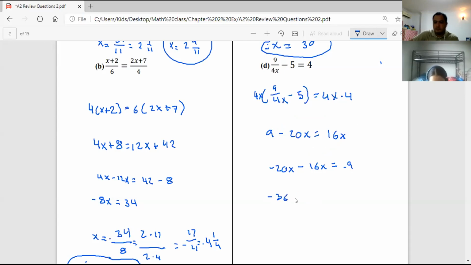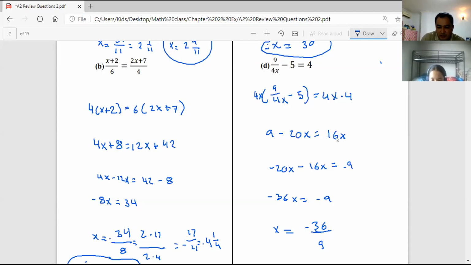Minus 36x equals negative 9. x equals 36 over 9. No, Shahina, you're dividing both sides by minus 36, but not by 9. So how can I eliminate this 36?